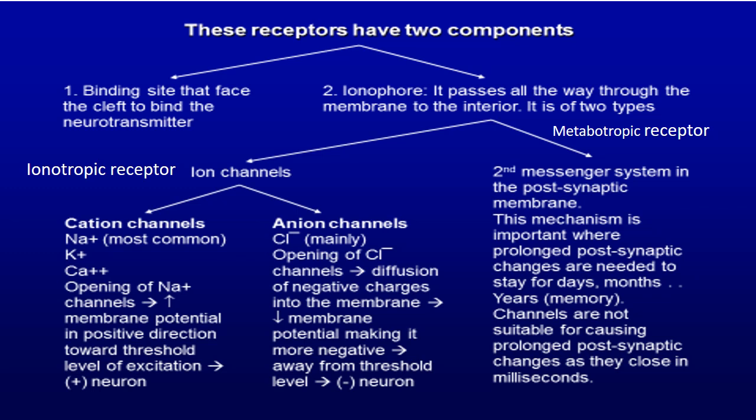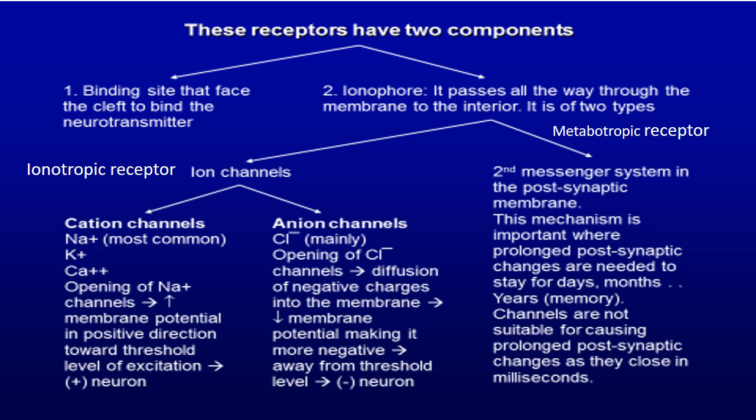Similarly, opening of the chloride channel will lead to negative charge movement inside the neuron, and the membrane potential will become more negative and away from threshold, so it leads to inhibition, not excitation. The metabotropic type of receptor is a second messenger system, and this is very important where prolonged post-synaptic changes are needed, for example in memory.